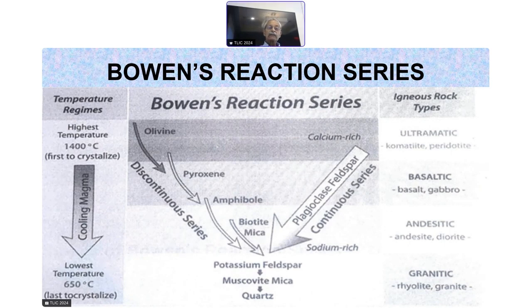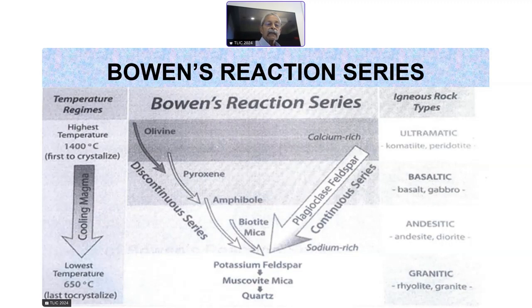This slide tells us two stories. One story is the temperature regimes: as magma cools, you get the highest temperature down to lower temperatures, around 650 degrees centigrade.